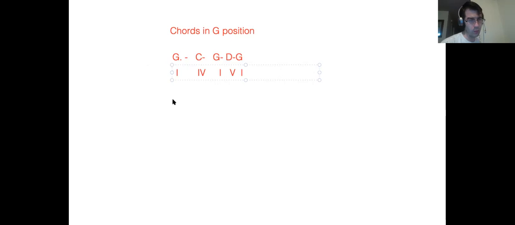And then you would probably ask, well, what are the fingerings to these chords? Okay, let me go over here. So the fingerings for the G chord: 1, 3, 5.